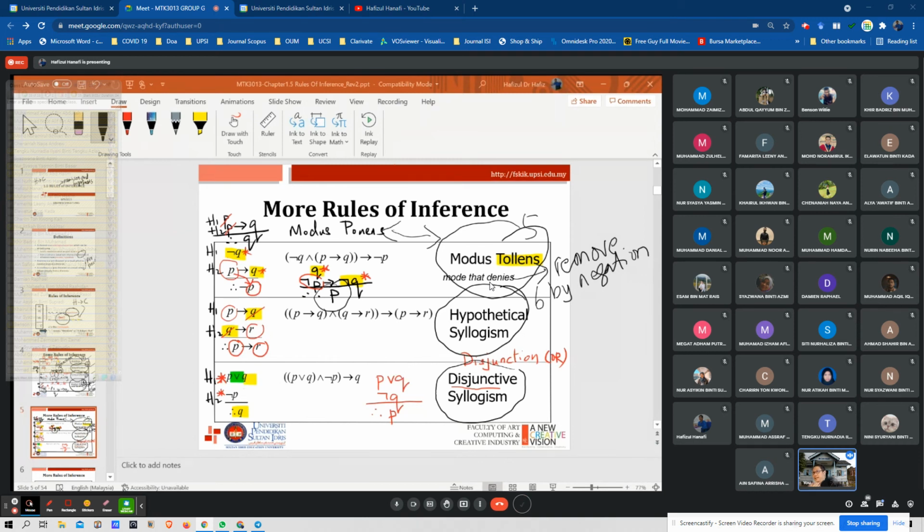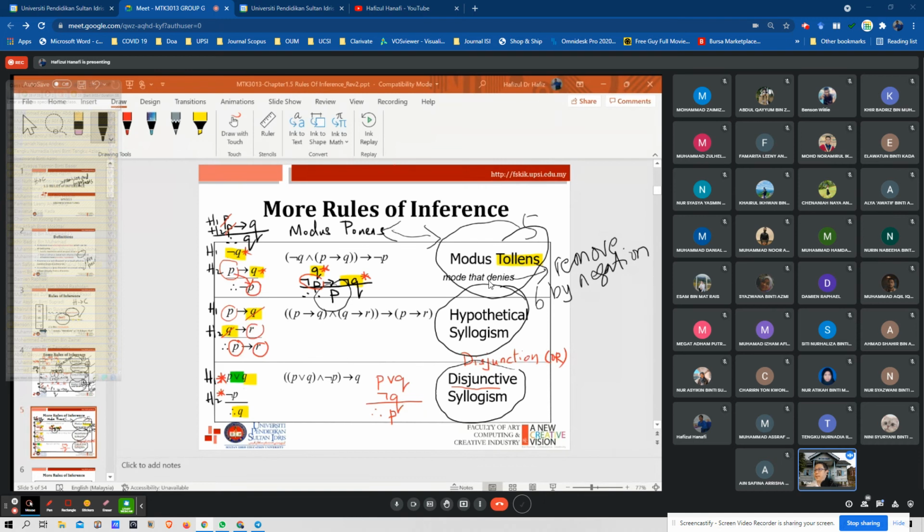Later in the exam you should apply these. Okay, we have hypothetical, and then we have disjunctive syllogism.